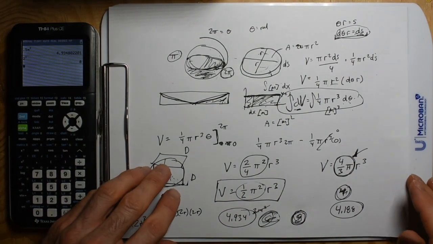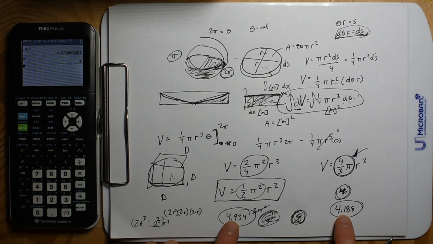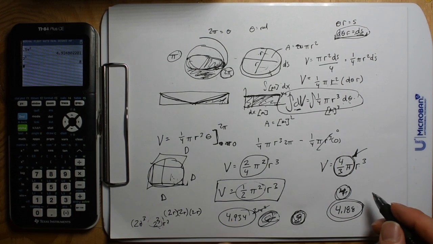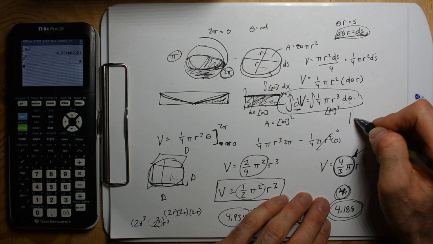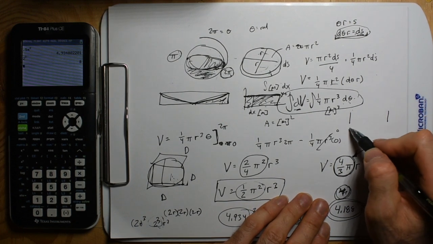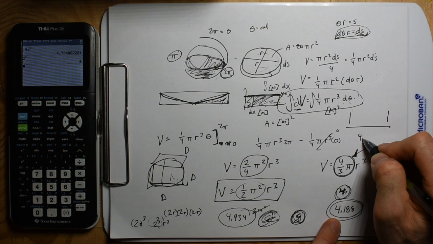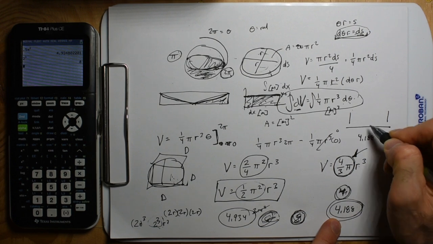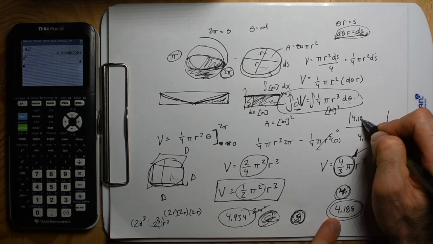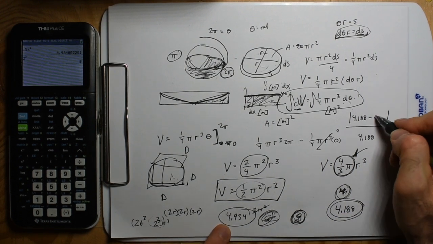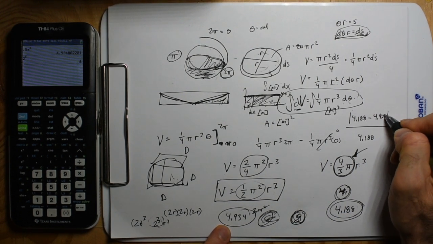Alright, hell yeah, and I did say statistically, how do you figure that out? Well, you have to take the right one, and I don't get too complex. I do kind of throw an absolute value up here, but you want to take the right one, put it on the bottom, 4.188. Throw the right one, put it on the top, 4.188, and then just subtract the other one, 4.934.